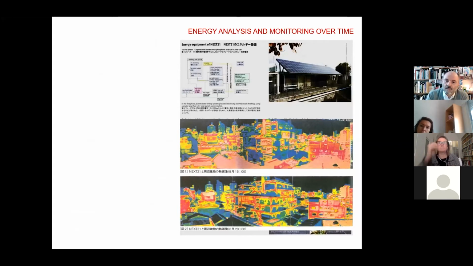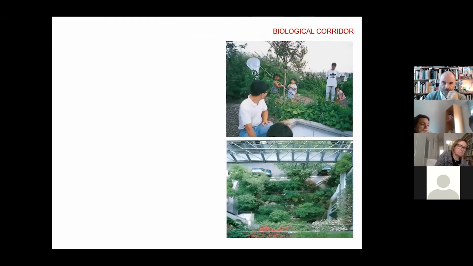Then this building is a prototype, a sort of machine. The owner of the building is a gas company, the main company for gas in the central area of Japan. This building was a prototype to test new technologies for energy consumption, and when these technologies were ready, to send them to the market. So it's a sort of open laboratory that is still ongoing.